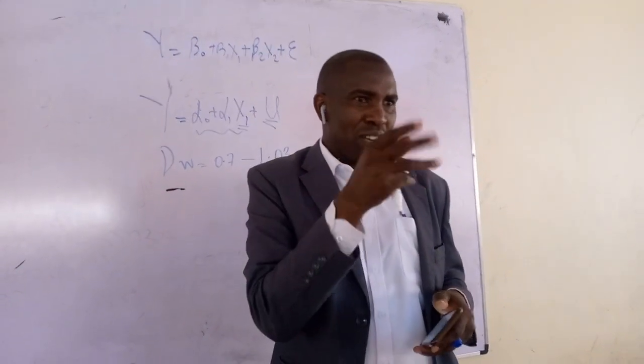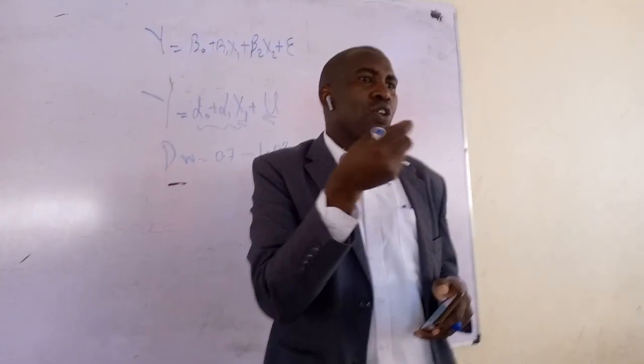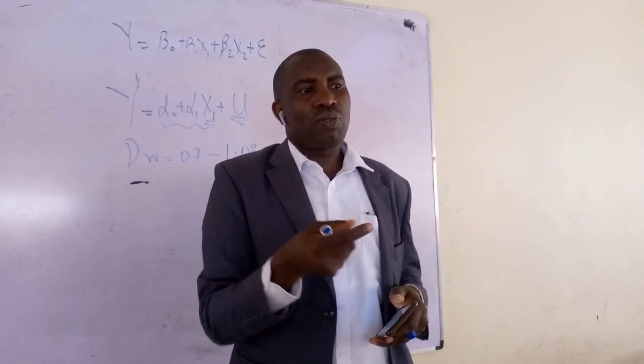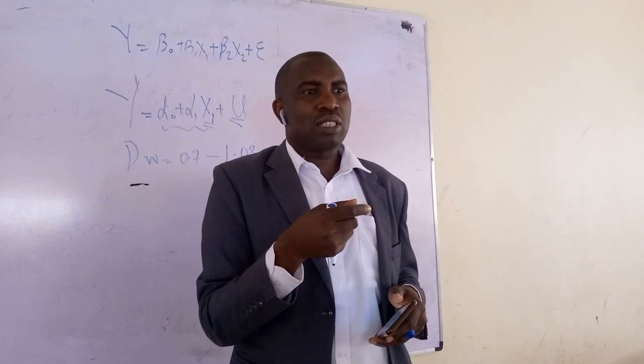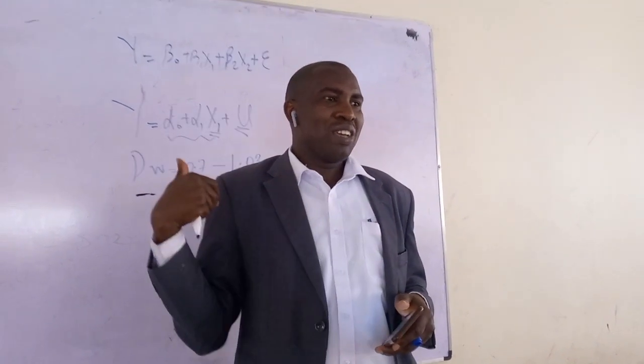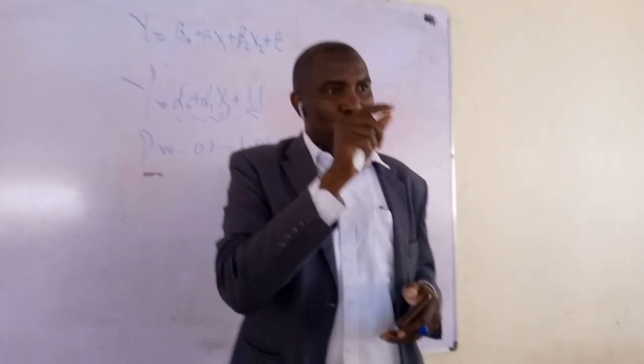So Durbin-Watson can be used to test for two things. You can use it to test for autocorrelation, or you can also use it to test for model specification. So I want to bring to attention how this is used to show model specification error and not autocorrelation.